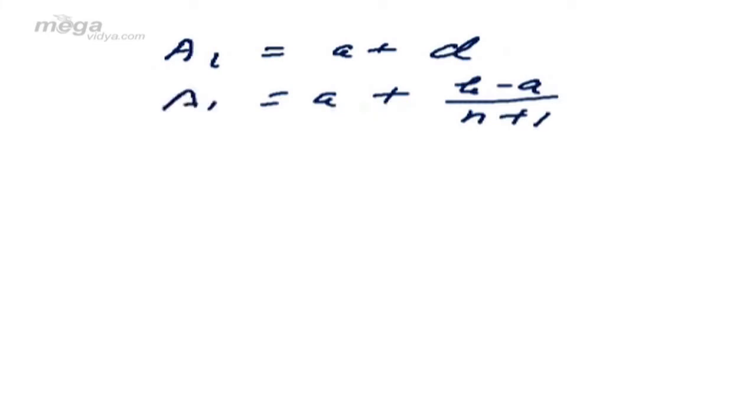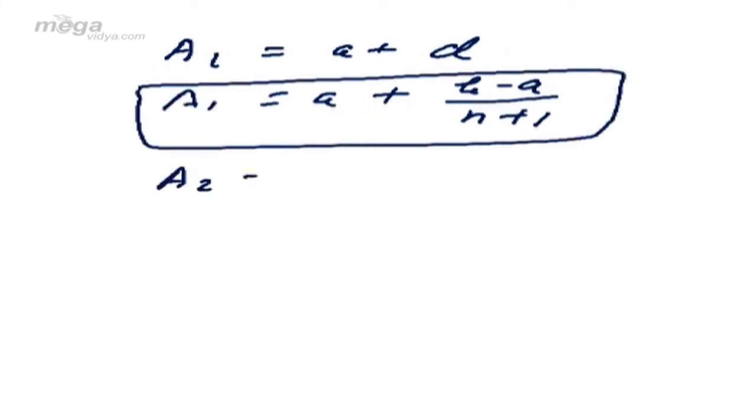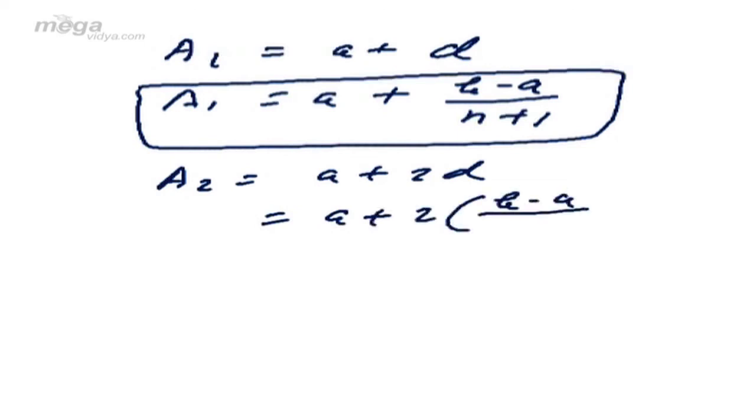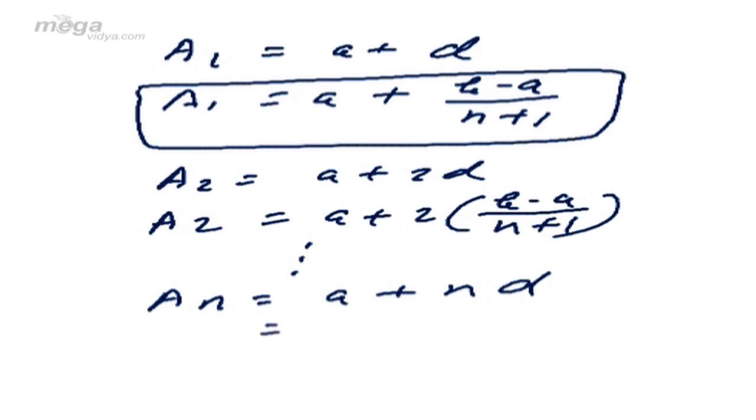This is A1. If you want to find A2, that is a plus 2d, because this is the third term of that sequence. Therefore, A2 is a plus 2 into (b minus a) upon (n plus 1). And if you want to find An, it means a plus n d, that is a plus n into the difference, (b minus a) upon (n plus 1).